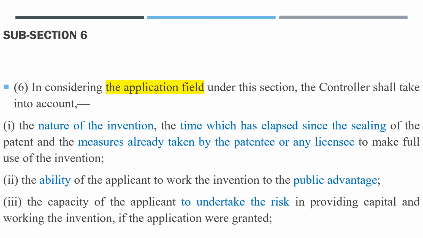Point number 2, the ability of the applicant to work the invention for public merit. Point number 3, the capability of the applicant to take the risk in terms of capital and working, if the application were granted.